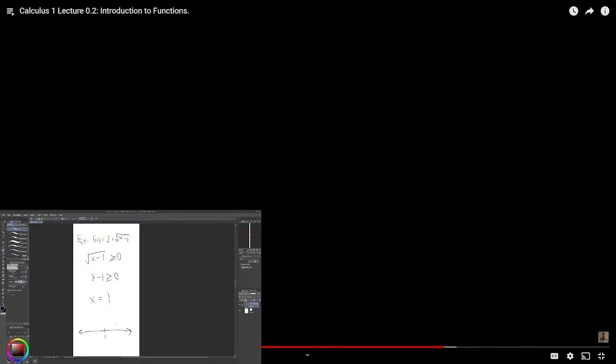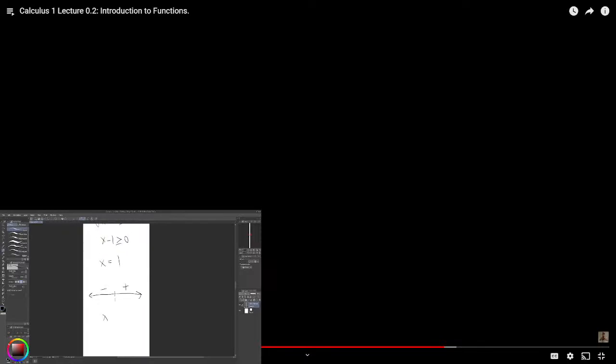Okay, so if you plug in a 2, minus 1 is a positive on the right. Plug in a 0, it's a negative. So x has to be greater than or equal to 1.